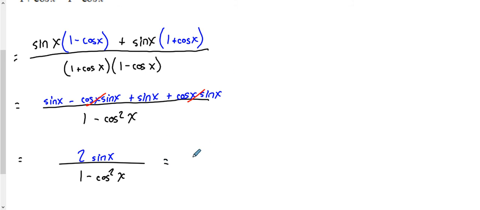My denominator is now sine squared x, coming from our Pythagorean identity. My numerator is still the same, 2 sine x. From here, I can cancel out a sine x in the numerator with a sine x in the denominator. That's going to leave me with 2 over sine x.